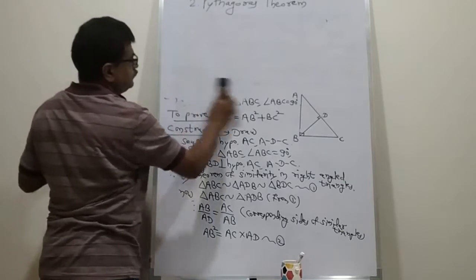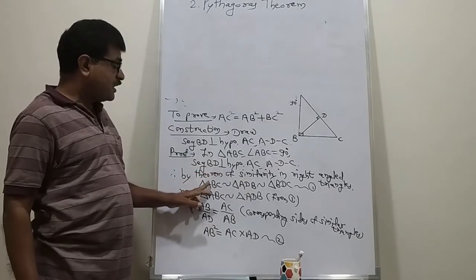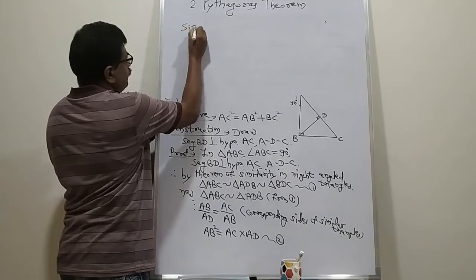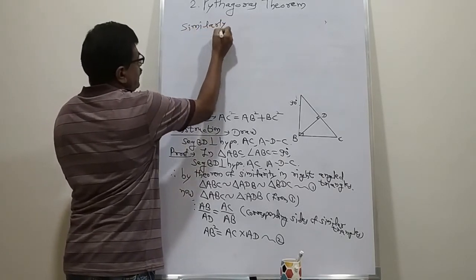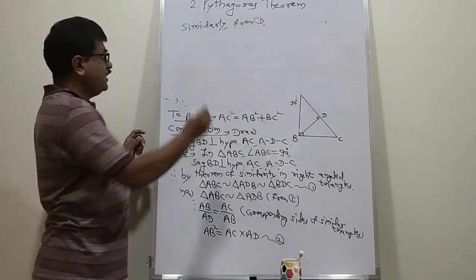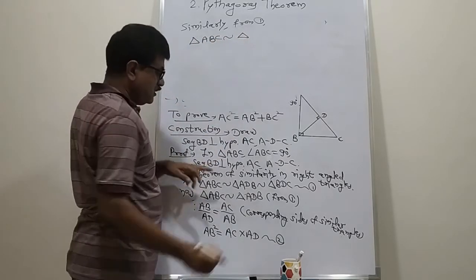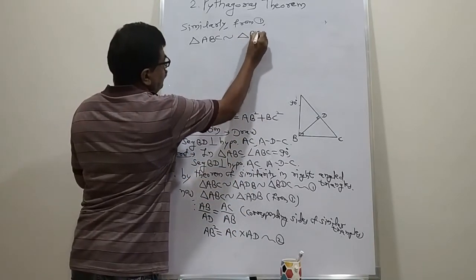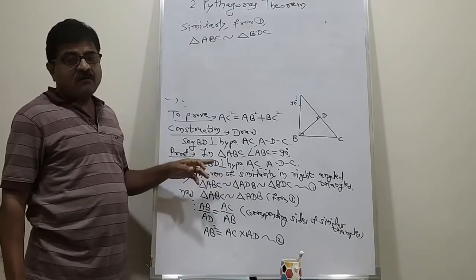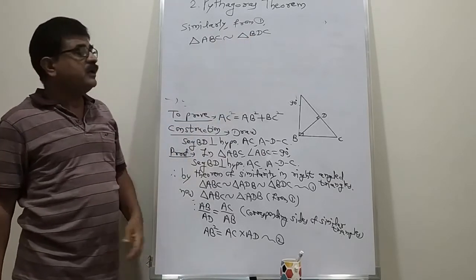Now similarly from 1 we can write triangle ABC is similar to triangle BDC. These two triangles are similar. Now we know that if two triangles are similar, then their corresponding sides are in proportion.